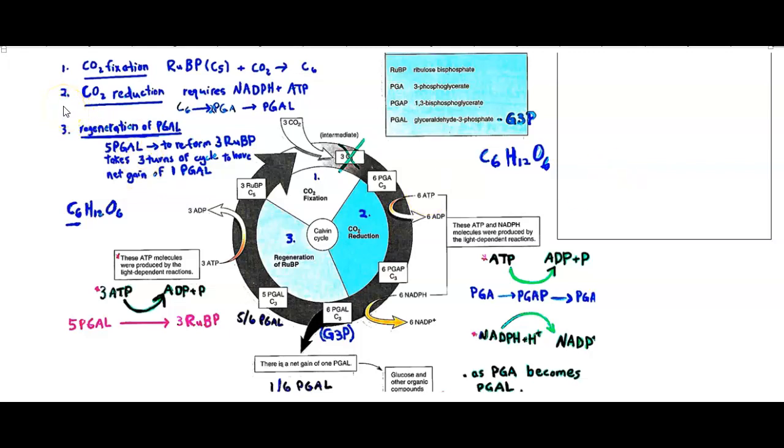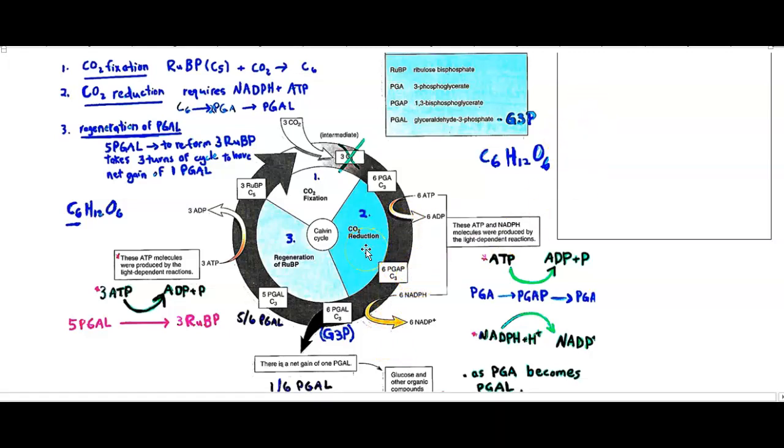Carbon dioxide reduction is the next step of the Calvin cycle. And we know that actually has 2 parts to it. First part, it uses ATP. Second part, it uses 6 NADPHs. Again, the numbers are 6, 6, 6, 6. So let's look at this one right here.